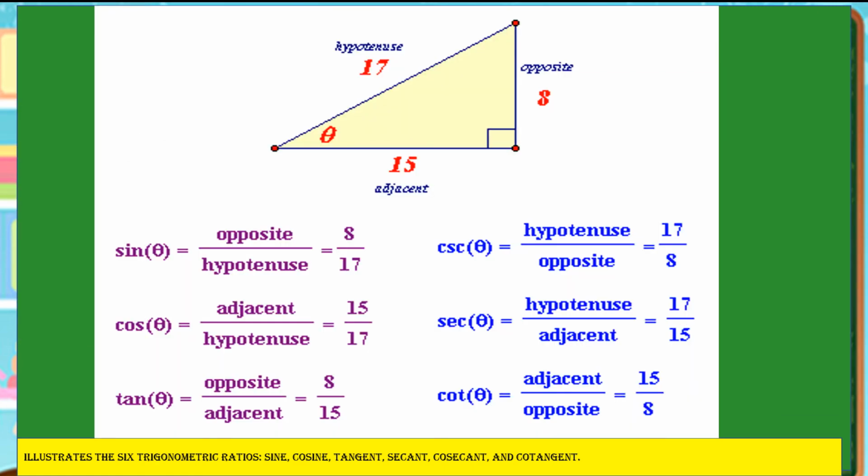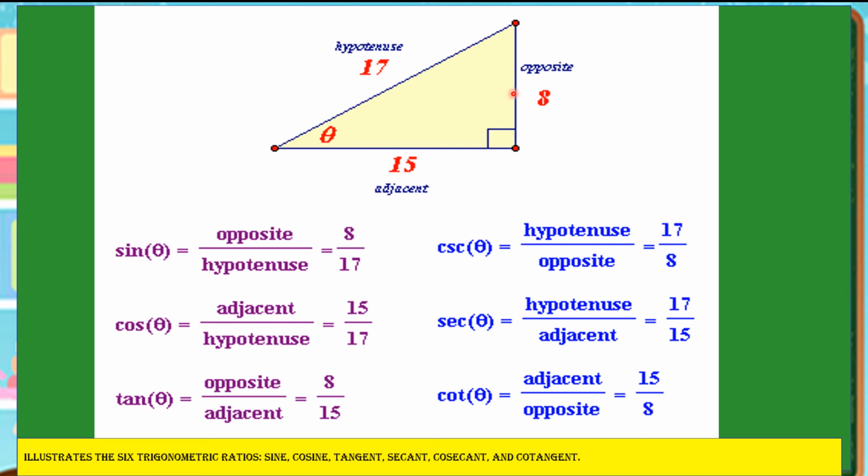Then, here is the example. In this given example, the angle theta is here. Therefore, the opposite side is this side, which is 8. The adjacent side is this side, which is 15. And the hypotenuse is this side, which is 17.